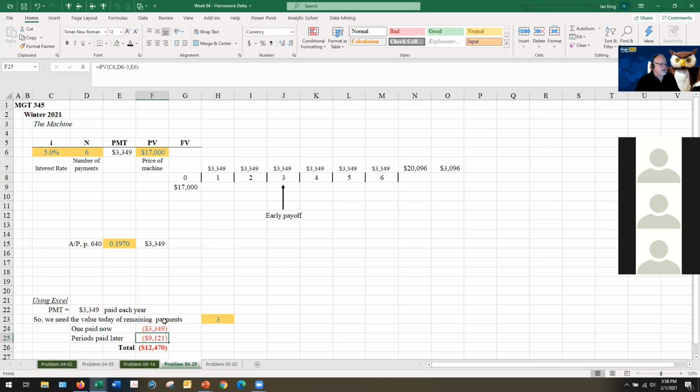This 9121 is years 4, 5, and 6, paid at year 3 at the same time you pay off the current year's payment. So when you pay off that $12,470, you're paying both the current year's payment, year 3, $3,349, plus the equivalent value of the future years that you're not going to pay because you're going to pay them off now instead of in the future.